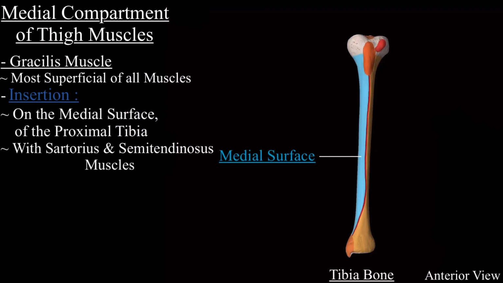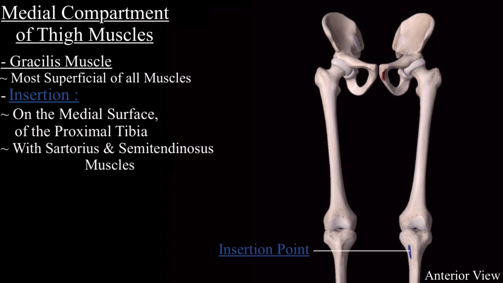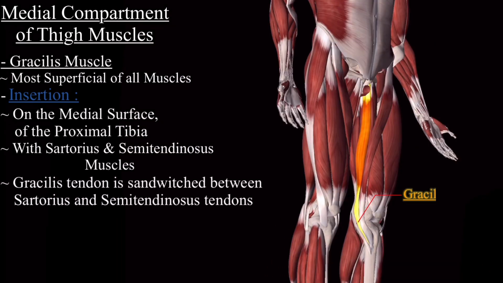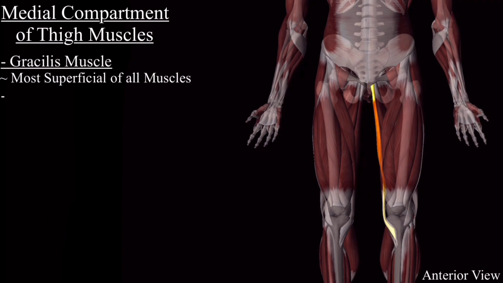This is the medial surface of the tibia bone, and this is the proximal tibia where the gracilis muscle is inserted. The tendon of gracilis is sandwiched between the tendon of sartorius muscle in front and the tendon of semitendinosus muscle behind.